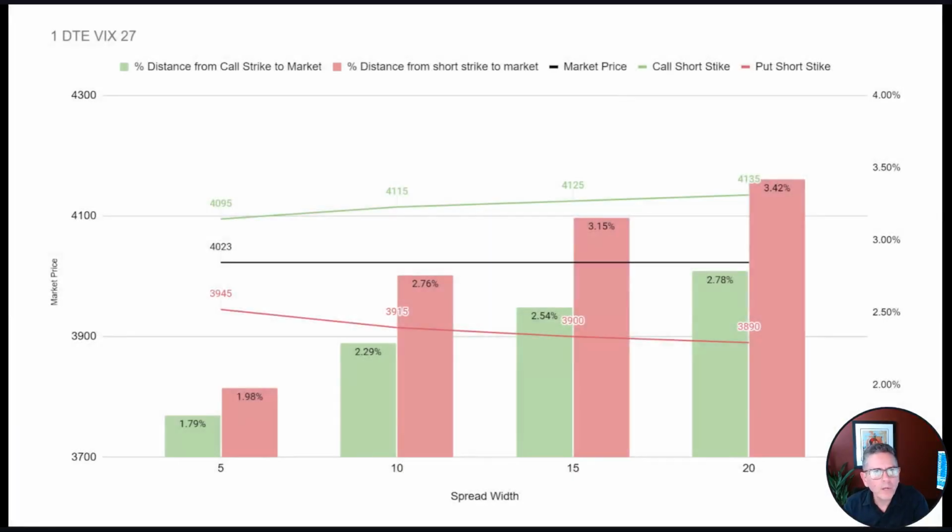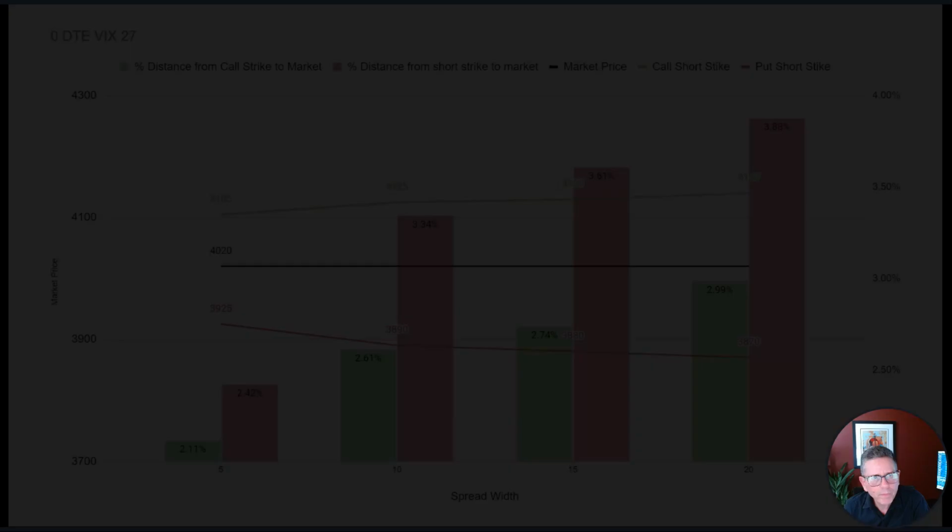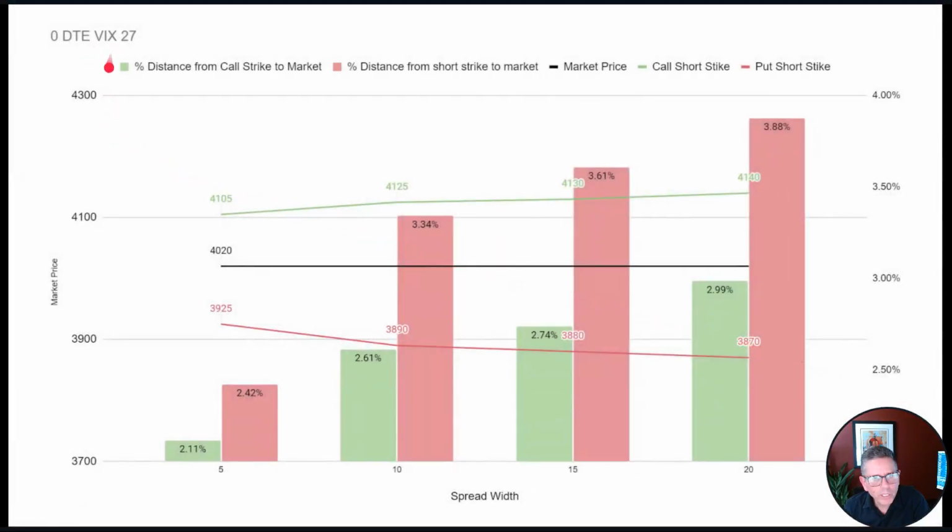positions. So here is a 27 VIX, and you can see these positions now. This one here, let me see, is this 1 DTE? Yeah. So if you look at the 1 DTE and 27, let me go back here, and 0 DTE and 27. Let's just see this one right here on 15, 3.61.